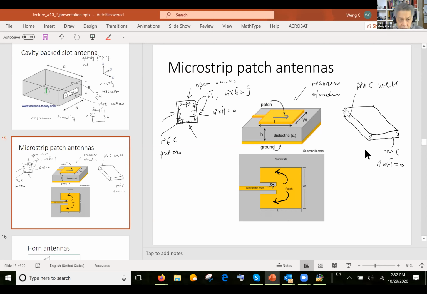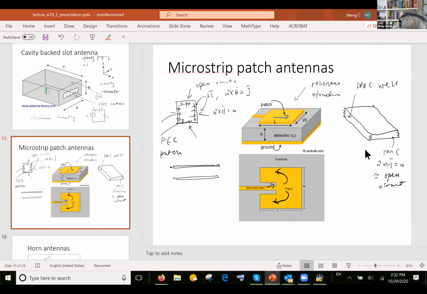So there's no normal component of the electric current on the patch edge, which means that it behaves like an open circuit. The PMC wall is making it look like an open circuit. And then you can think of this from first principles, think of this as the resonator, due to that I have a transmission line.